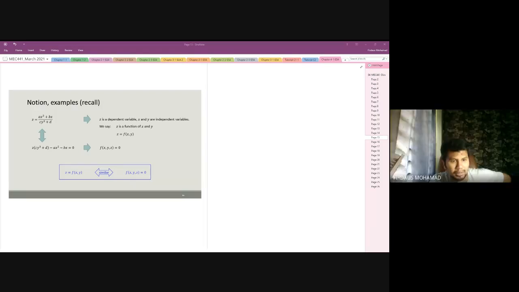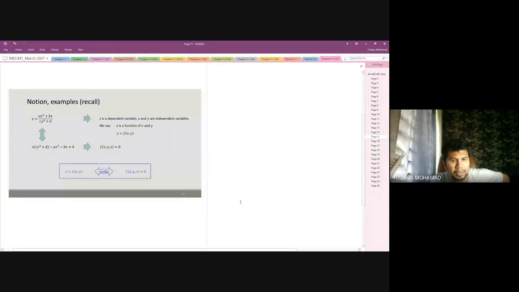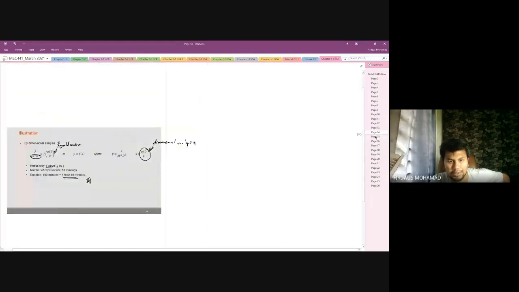Boleh. Okay, so untuk dimensional study, dimensional analysis, kita boleh guna function dependent and independent variable in order to plot the graph. Okay, so we can reduce the number of experiment based on dimensional study ataupun dimensional analysis.